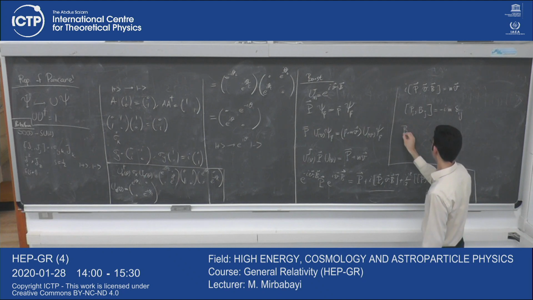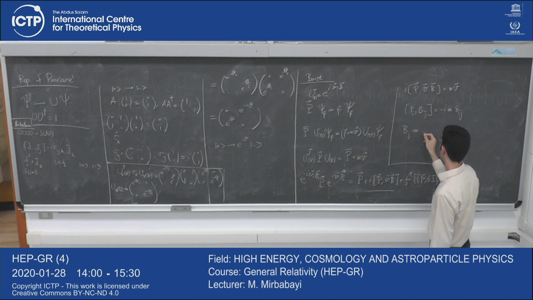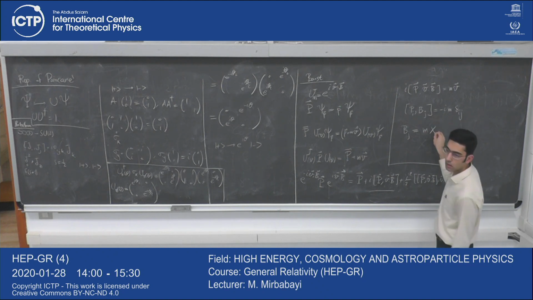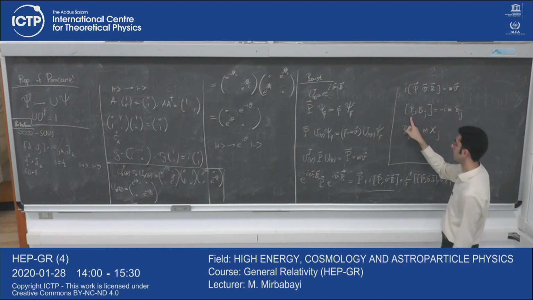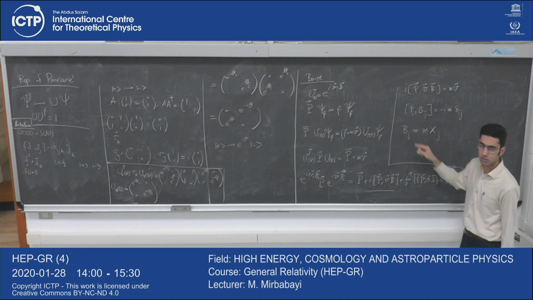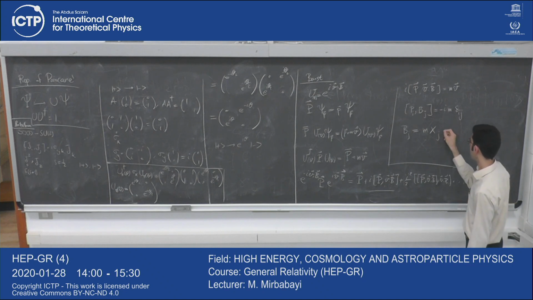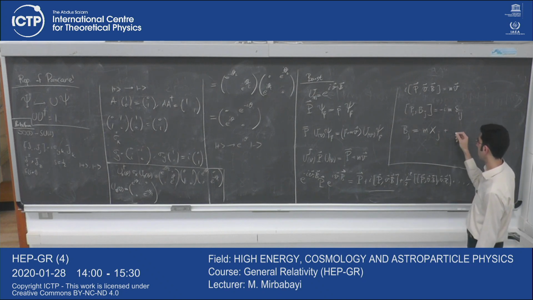Which means that B_j is m times the position operator x_j, plus anything that commutes with P. Any vector function of P would do the job.